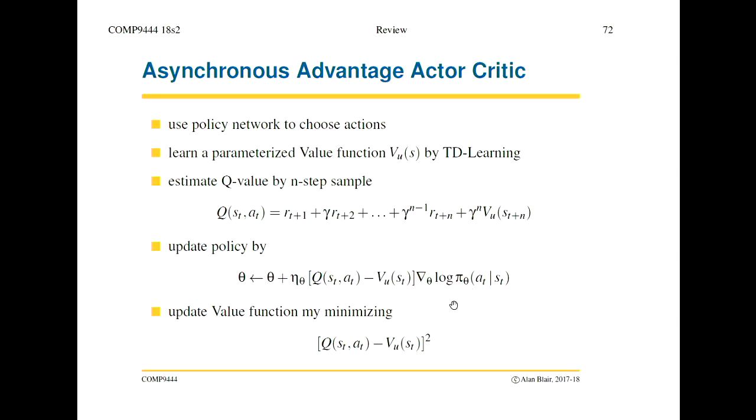You take the log of the probability of selecting that action and multiply it by the advantage provided by choosing this action compared to choosing some other action, or the best action. And then the value function is updated by minimizing this.